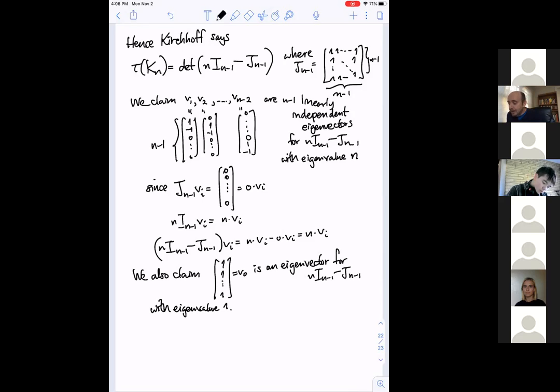And why is that? When you hit this all ones vector with each of the rows of J_{n-1}, you get the same thing every time.